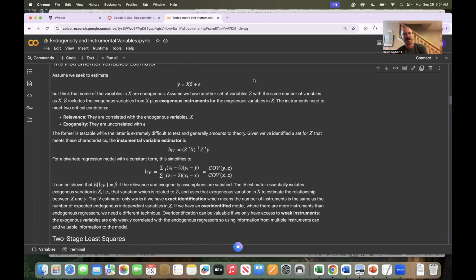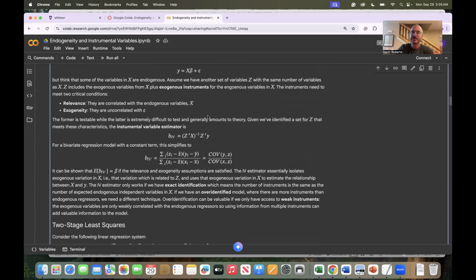Z includes the exogenous variables from X plus exogenous instruments. Just to be clear, if we have a regression that has both endogenous regressors and exogenous regressors, we always include the exogenous regressors in our set of instrumental variables, even if we don't think they're good instruments. Plus, we come up with new variables that we think are good stand-ins for our endogenous regressors.